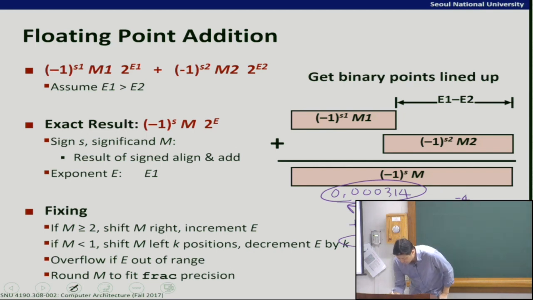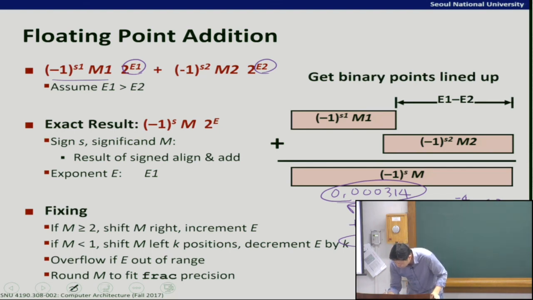Let's say we had two numbers, number 1 and number 2, and assume E1 is greater than E2. So in this example, maybe this one is E1 and this one is E2. Then we first align these two numbers to have the same exponent value. Then in that way we can just calculate the addition of these two significand values, right?